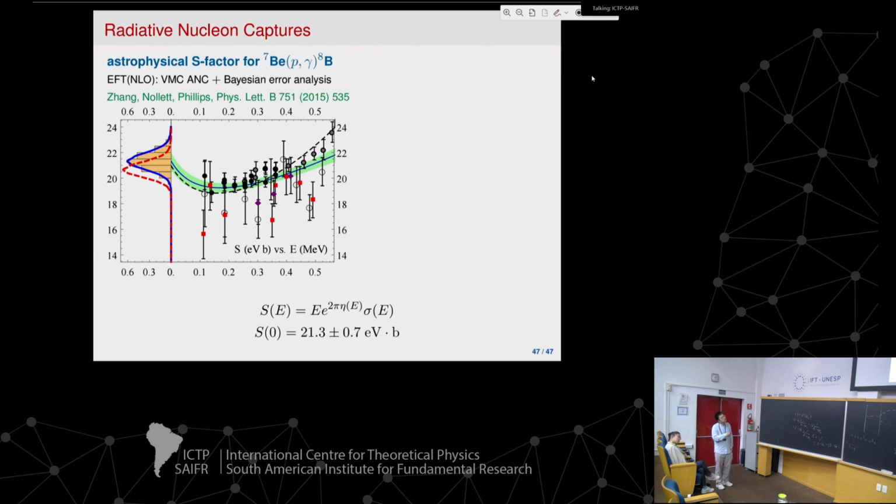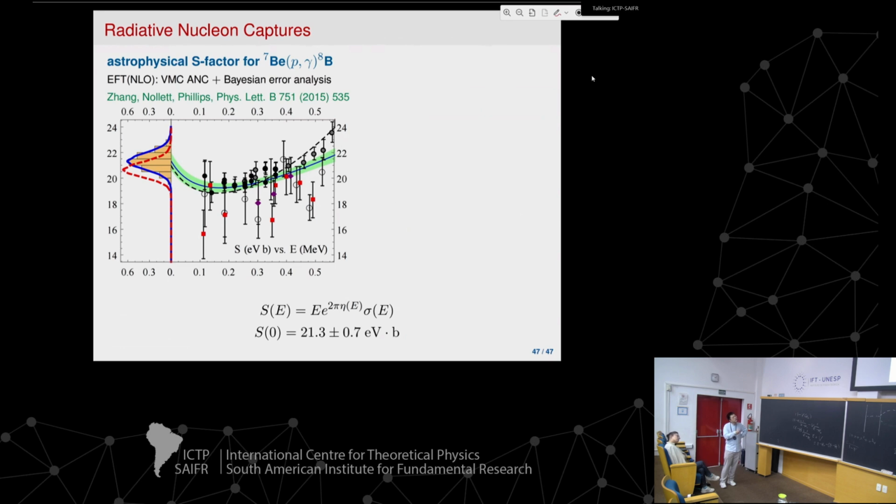The key important part of this calculation is that in the experiments, because the proton and the beryllium 11 have a Coulomb repulsion between each other, normally you cannot go to very low transfer momentums. So you always need to do extrapolations. But halo effective field theory gives you a physics guide on how to do these extrapolations, because in the effective field theory you can well describe the low energy part.